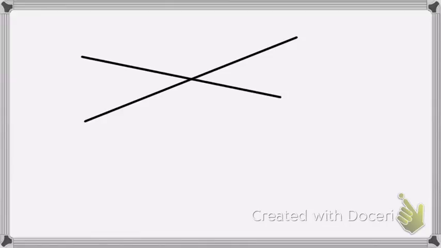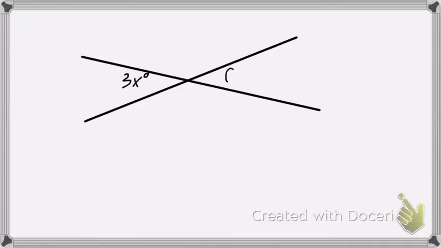Now all of them, we're going to start off with a pair of angles. I'm going to be honest with you, I am not all that concerned about what the angles look like, more what we say their measurements are. So here we have 3x degrees and 80 minus x degrees.